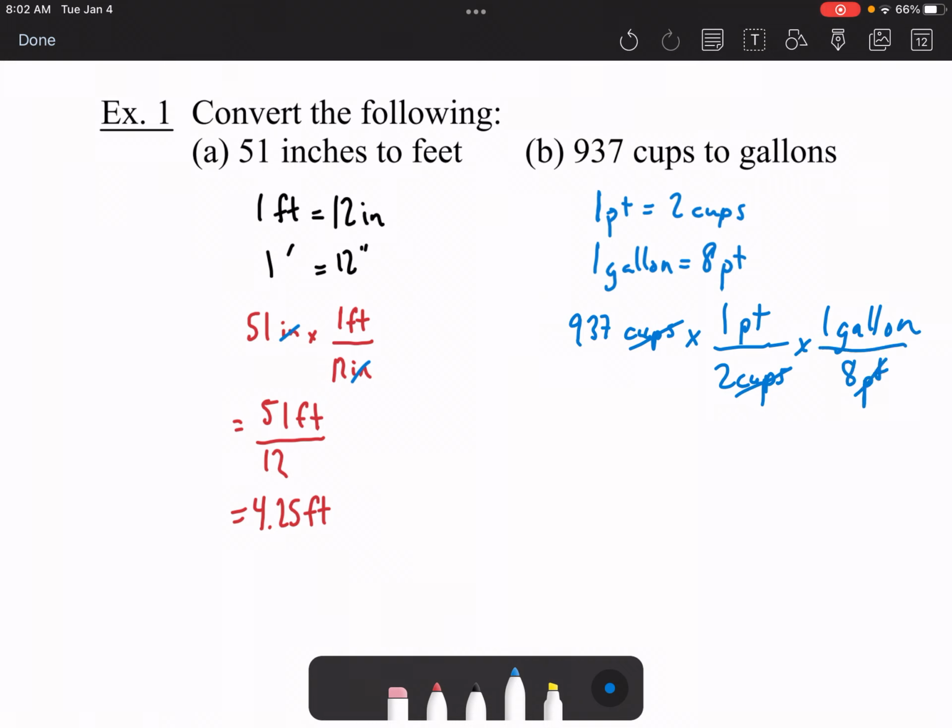You can see the pints cancel out, and you're going to be left with gallons. So you perform your calculations. 937 times 1 times 1 is 937 gallons, and 2 times 8 is 16, so 937 over 16 gallons. You perform this calculation on your calculator.